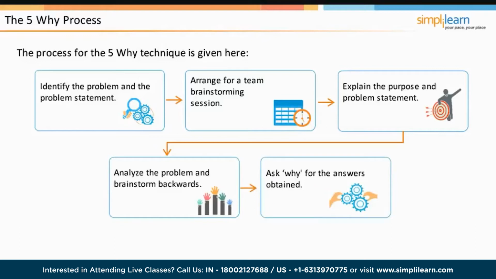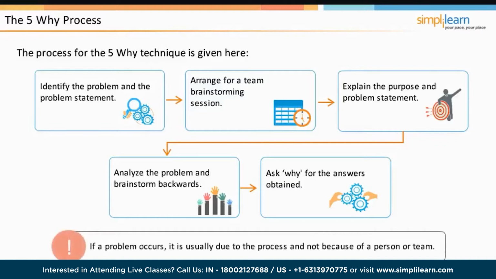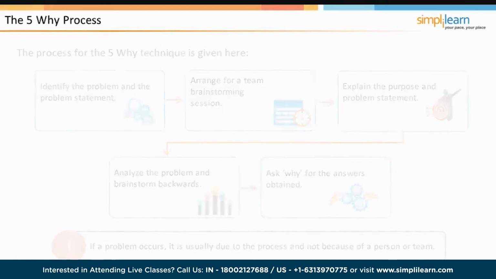Normally, reasons like insufficient resources and time become the root causes. If the drill down in brainstorming is carried out in the right direction, it is often found that the root cause is related to the process. Therefore, the occurrence of a problem is often due to the process and not an individual or a team. In the next screen, we will understand the concept of the 5 Why technique with the help of an example.